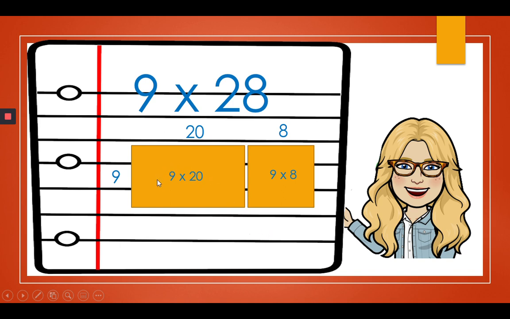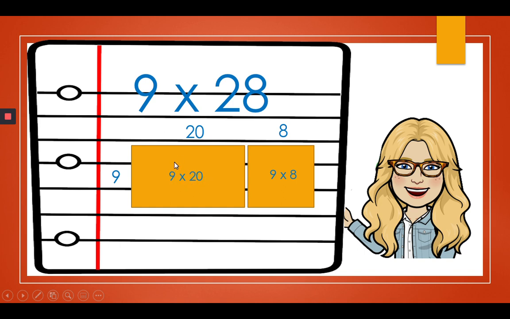So now let's do a little bit of multiplication. Now we know that when we're using multiples of 10, we can use a little trick. I would say it's a trick, but it's not a trick. It's just the way we would multiply. So instead of thinking of this 20 as 20, we're going to think of it as 2 tens.